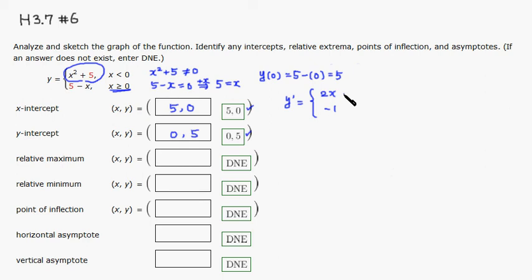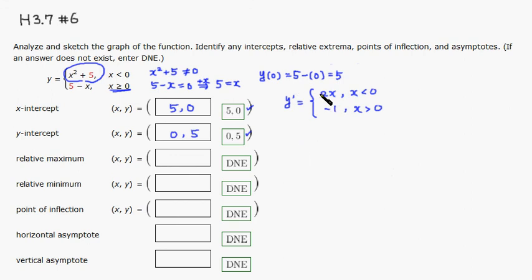So the derivative is 2x if x is less than 0, and the derivative is negative 1 when x is greater than 0. Notice that I'm not including 0, because the derivative isn't defined at that point.